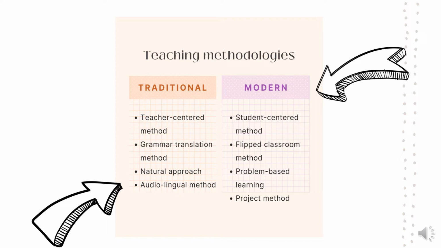In our traditional methodologies, we have the first one, the teacher-centered method, which is also known as chalk and talk, where the teacher uses the chalkboard or the whiteboard, and the teacher is the one always talking, and the student is always a passive recipient. The teacher is also in charge of the classroom and the environment.